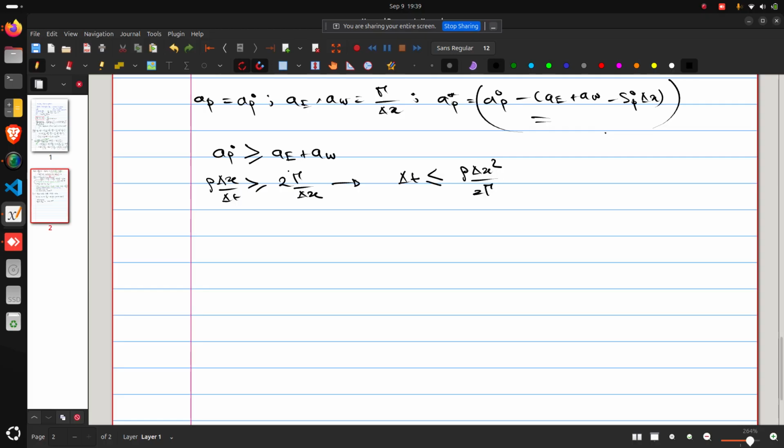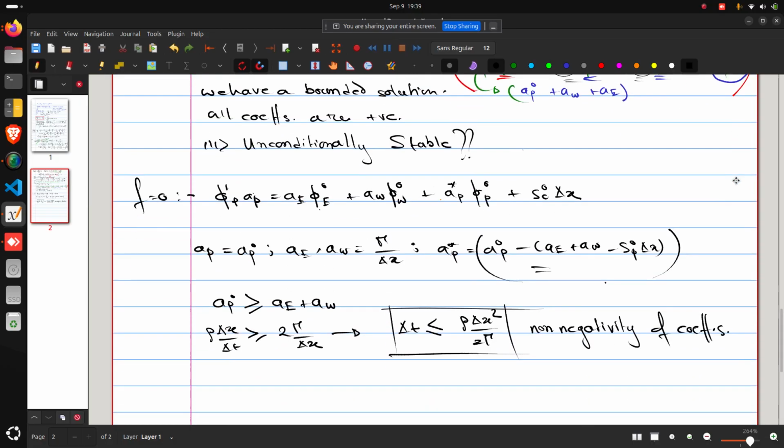So this is a condition that we arrive at on the basis of the non-negativity of coefficients.